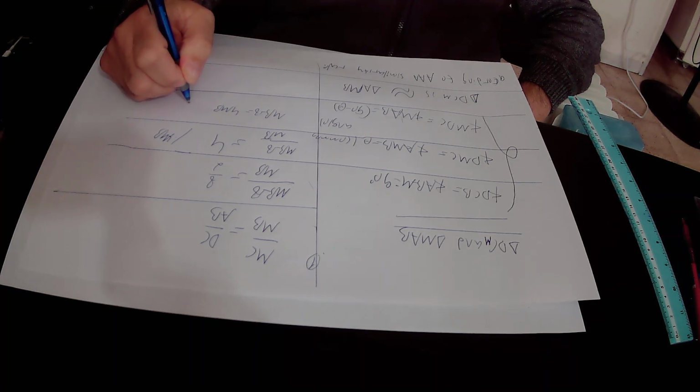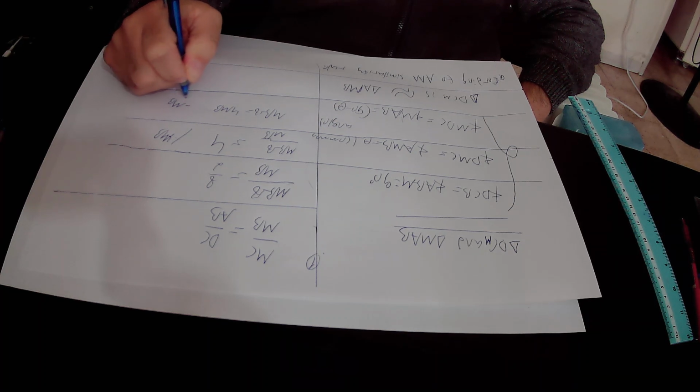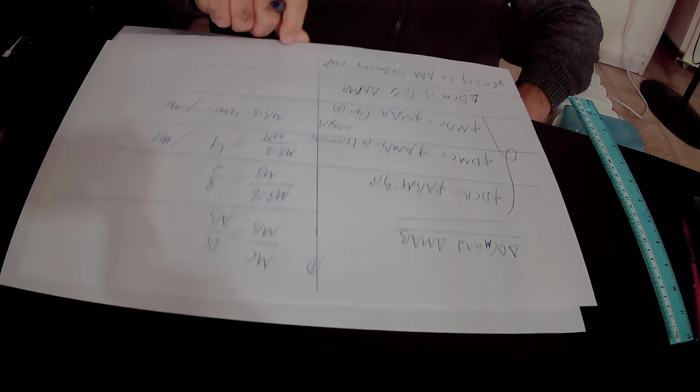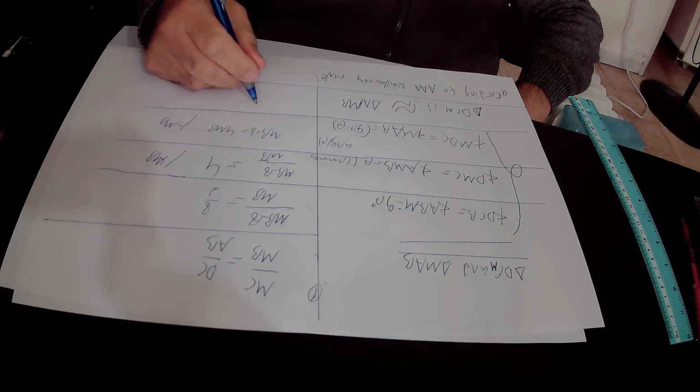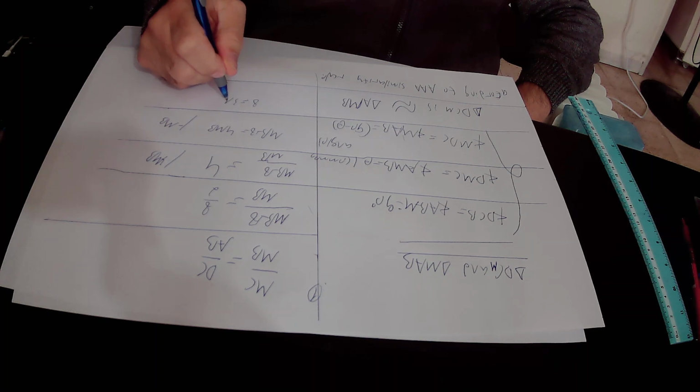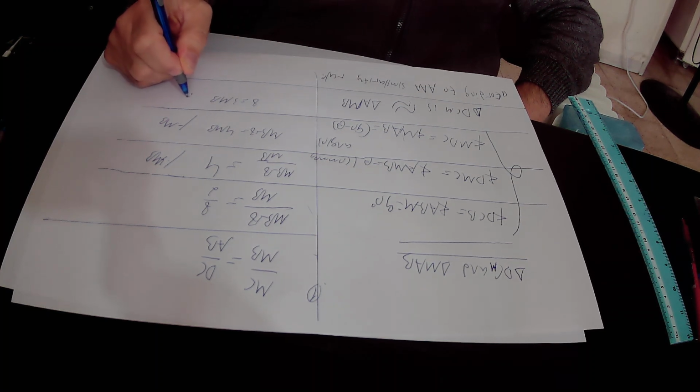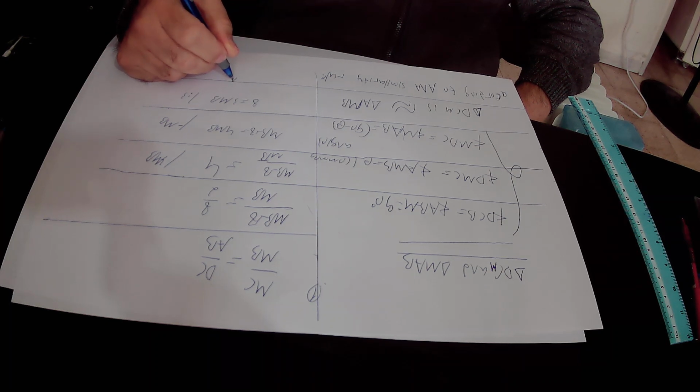We subtract MB from this equation. And we get that 8 equals 4MB minus MB is 3MB. So 8 equals 3MB. We divide this equation by 3. And finally we get that MB equals 8 over 3 units.